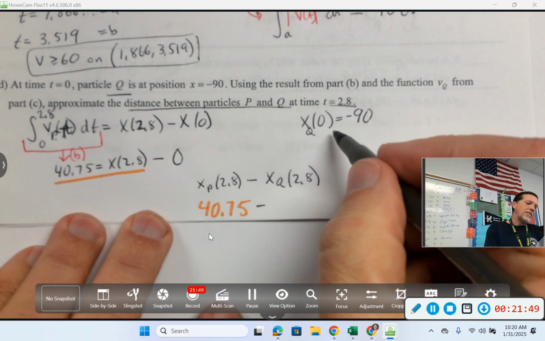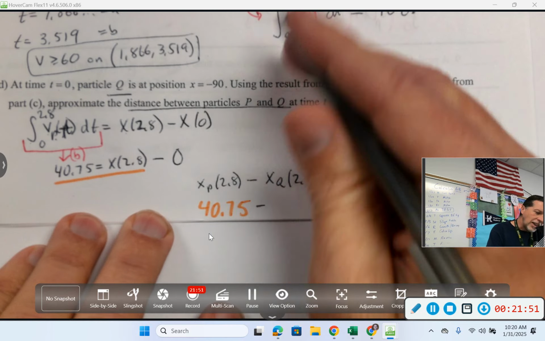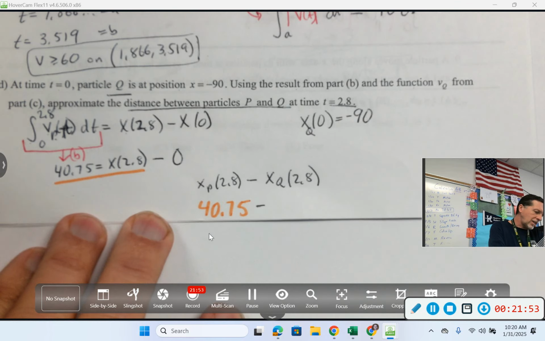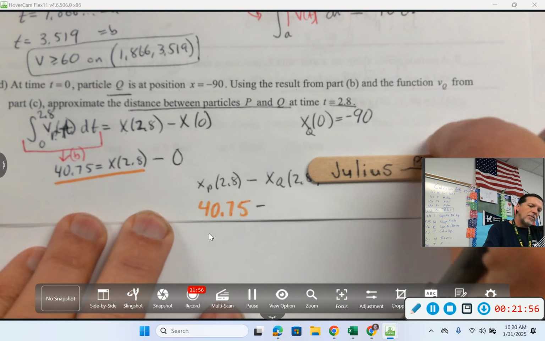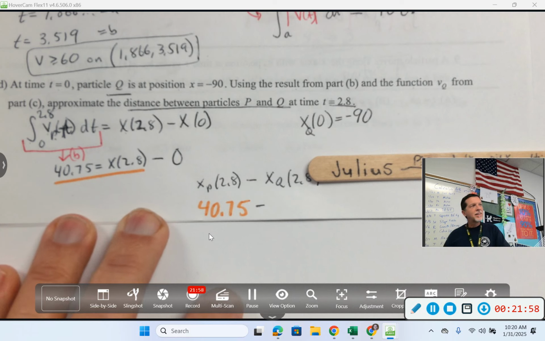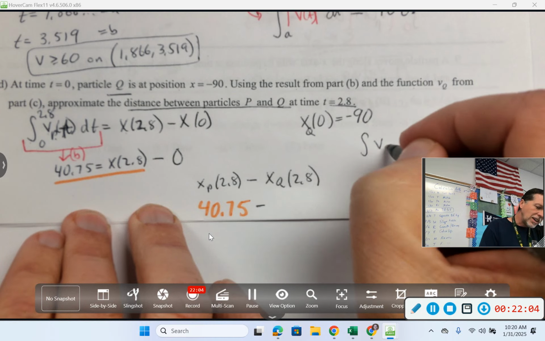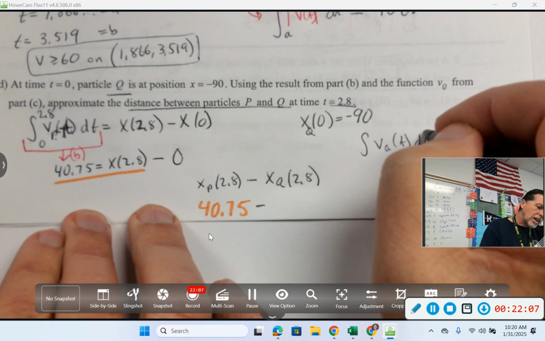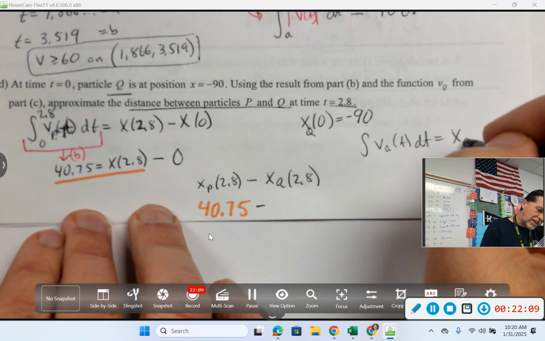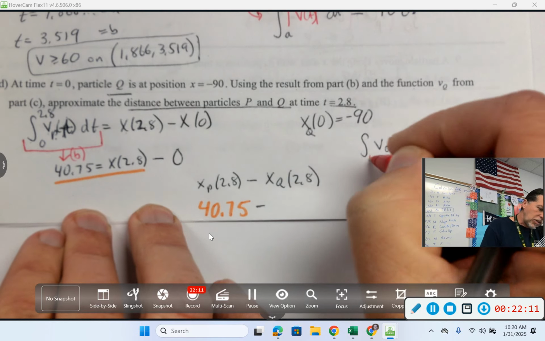For x of q, well, I have v of q. How do I get, Julius, how do I get from v to x? They gave me v, I want x. I want the antiderivative of v to get to x. And then I'm using 0 and 2.8 again.